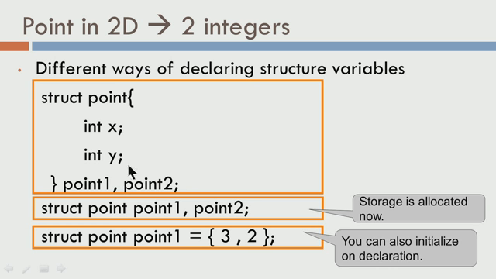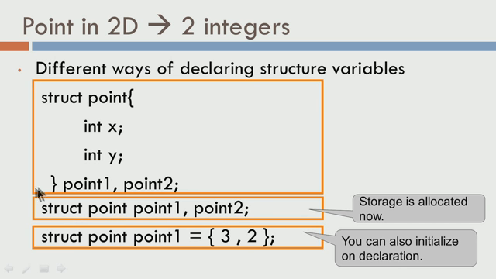This is one way to do it. Or, if you have already defined only the structure without declaring variables, you can declare only this part, saying that my point is a data type containing two integers. You could leave it at that and then come back and say that I want two variables point1 and point2, both of the type struct point.